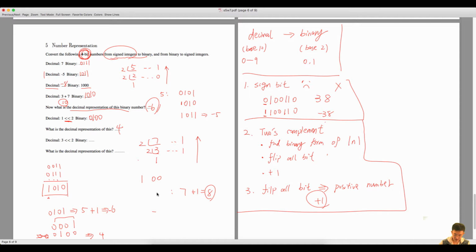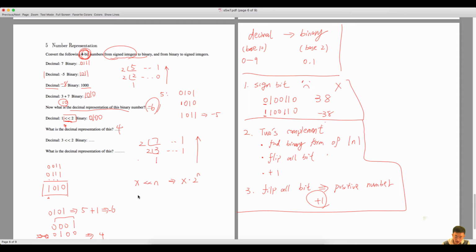Just before we take a look at the second one, a general rule: if you do not overflow your number representation, a left shift is the same as multiplication. A number, let's say x, left shifted by n is the same as x times 2 to the n.